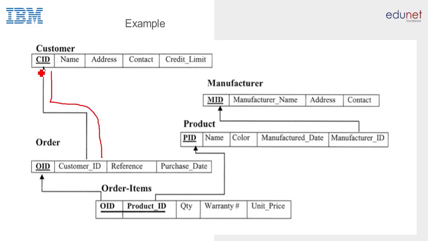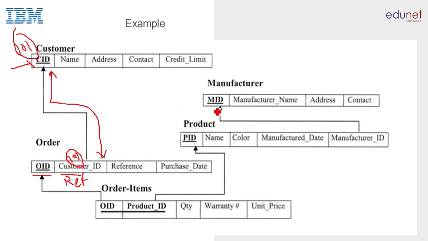I have a customer ID, name, address, contact, and credit limit. In the order table, an order ID is generated along with the customer ID. Suppose my customer ID is 101, and my ID is repeated here as 101. This customer ID is a primary key or unique key for the customer table and acts here as a reference key or foreign key. The value of this ID, 101 and 101, must be the same.